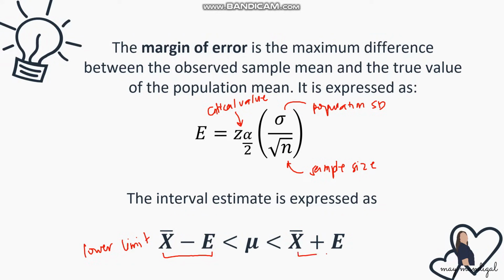And then we have this one, which is the upper limit. So what does this interval mean? This means that our population mean is within this particular range. So again, this is how we are going to express our answer for the interval estimate.